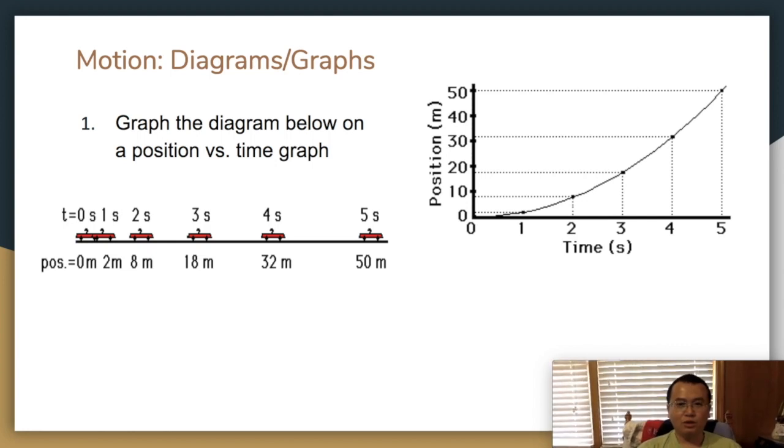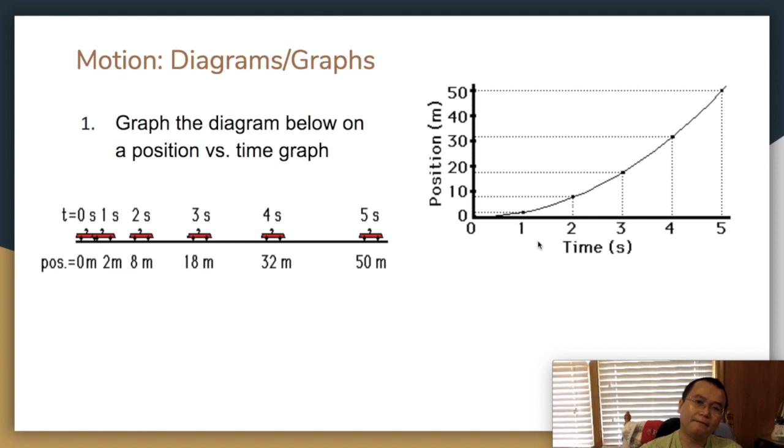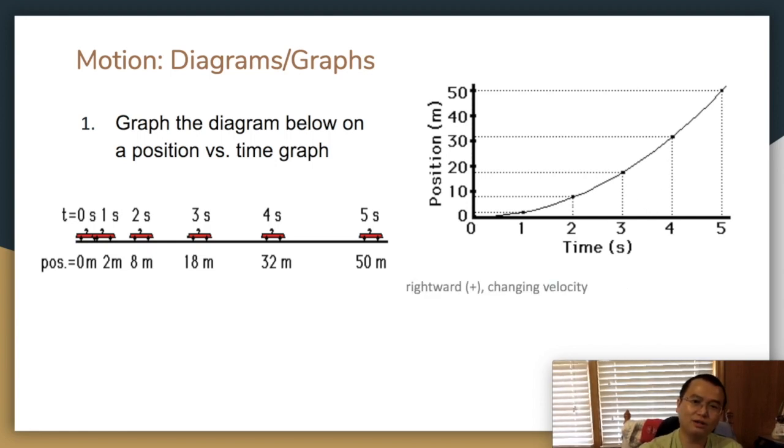What we can conclude is that if you look at the slope of this line, the slope will keep increasing. And the slope of this line will tell you the velocity. And so there's a change in velocity for this graph. So for this one, the object is moving right, which is positive, and it's changing velocity. Okay, so this one is correct.